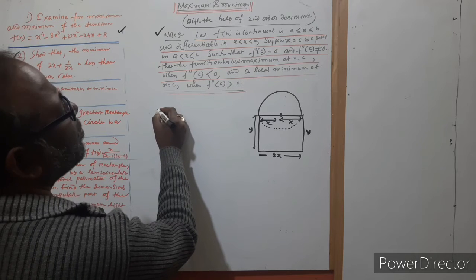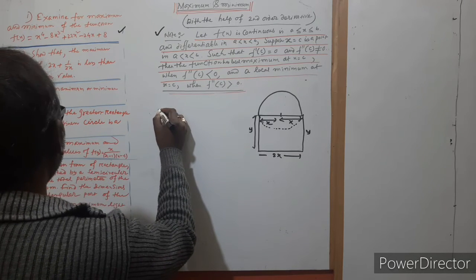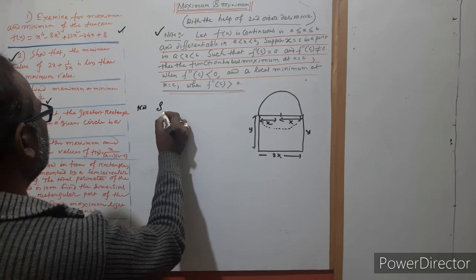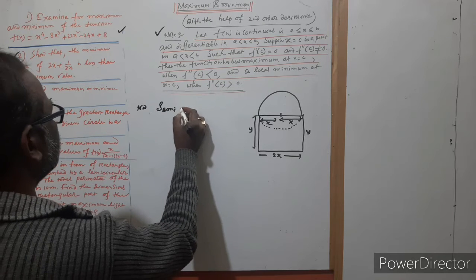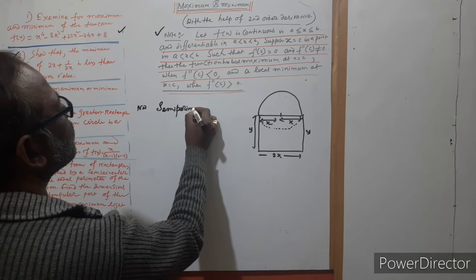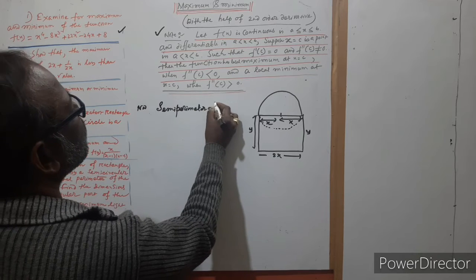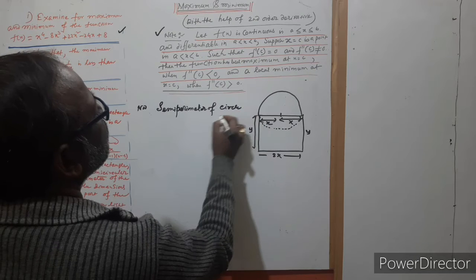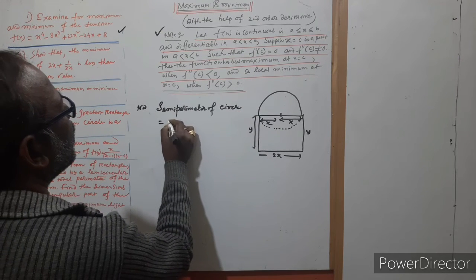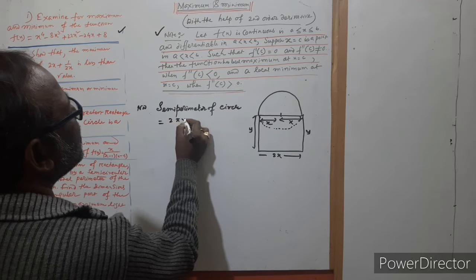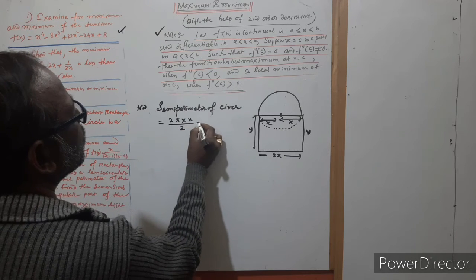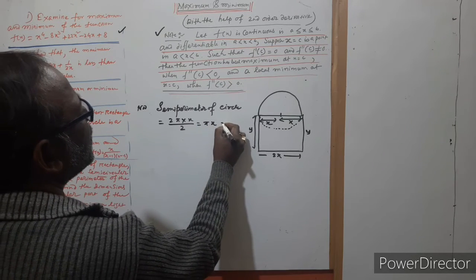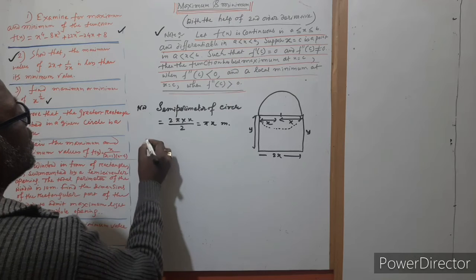Now the semicircle of the circle is equal to 2 pi r, r means here x by 2. So then this length is pi x meter.